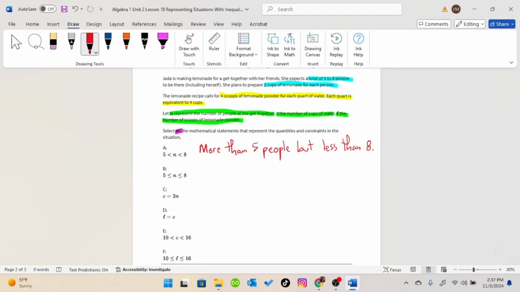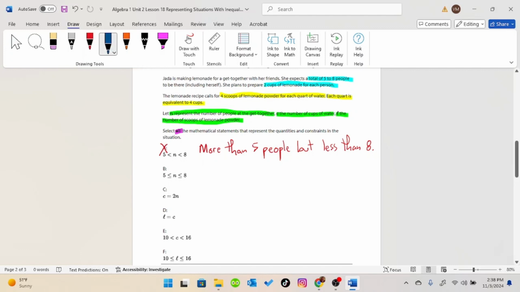But that wouldn't be correct because then that's not including 5 people or 8 people, and she is expecting a total of 5 people to 8 people. So A would not be correct.